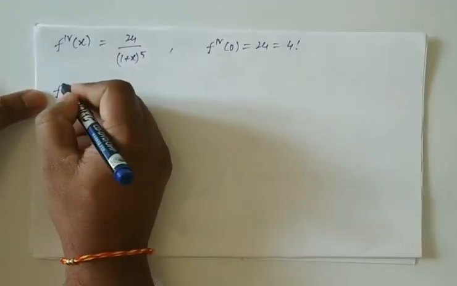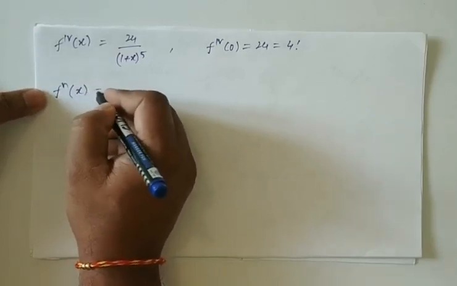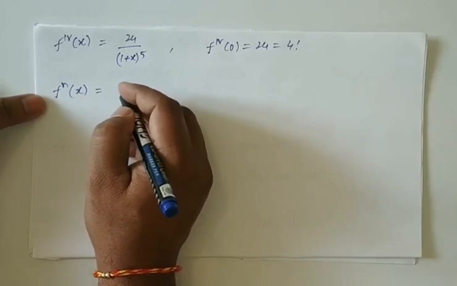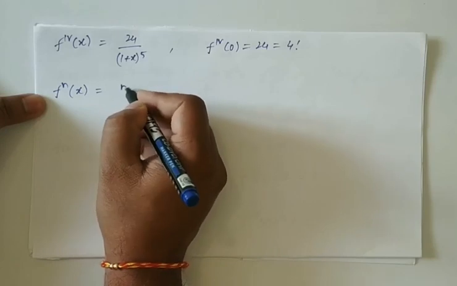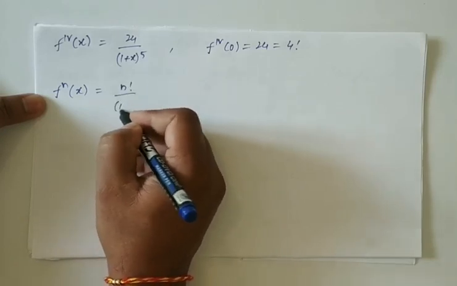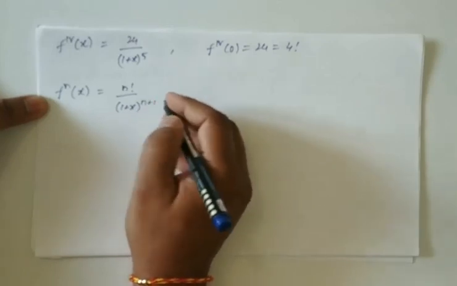Tell me fⁿ(x). So here it is n factorial by (1+x) power n+1.